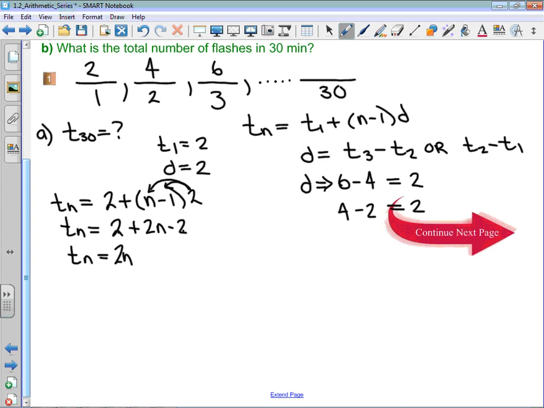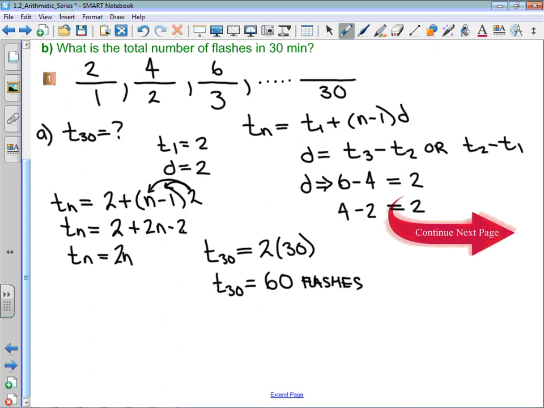Term 3 is 2 times 3, which is 6. Term 2 is 2 times 2, which is 4. Term 1 is 2 times 1, which is 2. So what I'm looking for then is term 30. Well, term 30 is going to be 2 times 30 because we've identified that n is 30. So the number of flashes in the 30th minute is 60. And I'm just going to put 60 flashes there.